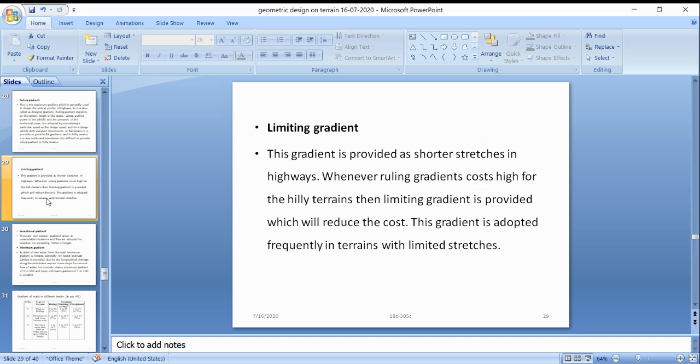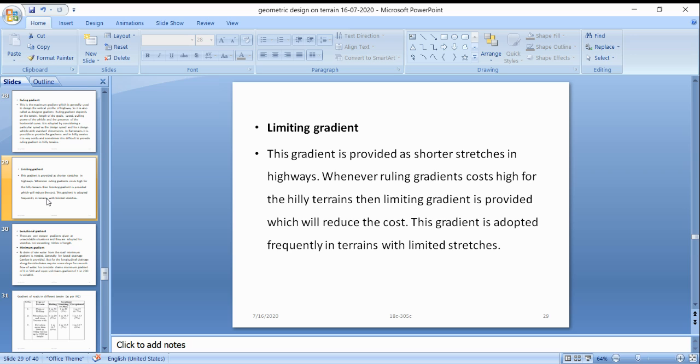So the gradient which is for a shorter stretch, the inclination is more compared to the ruling gradient, so its cost is higher, and it is for hilly terrains.